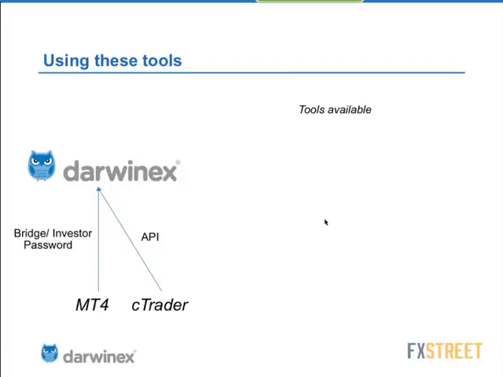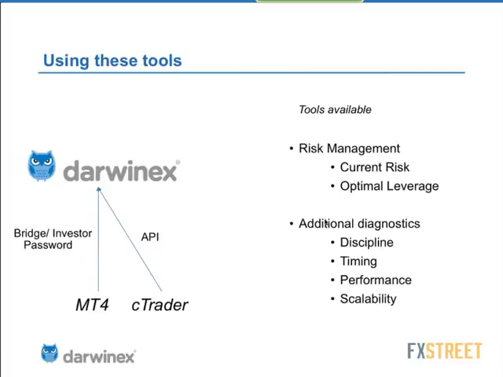So how to use the tools? It's very simple. You sign up to darwinex.com, which is 100% free, and you link up your strategy either through a bridge or with the investor password on MT4, or using cTrader through the cTrader API. And for that, we will give you the risk management tools that I just discussed, telling you how much risk your strategy currently carries and what your optimal trade level leverage should be to make sure that you always stay within your risk appetite.